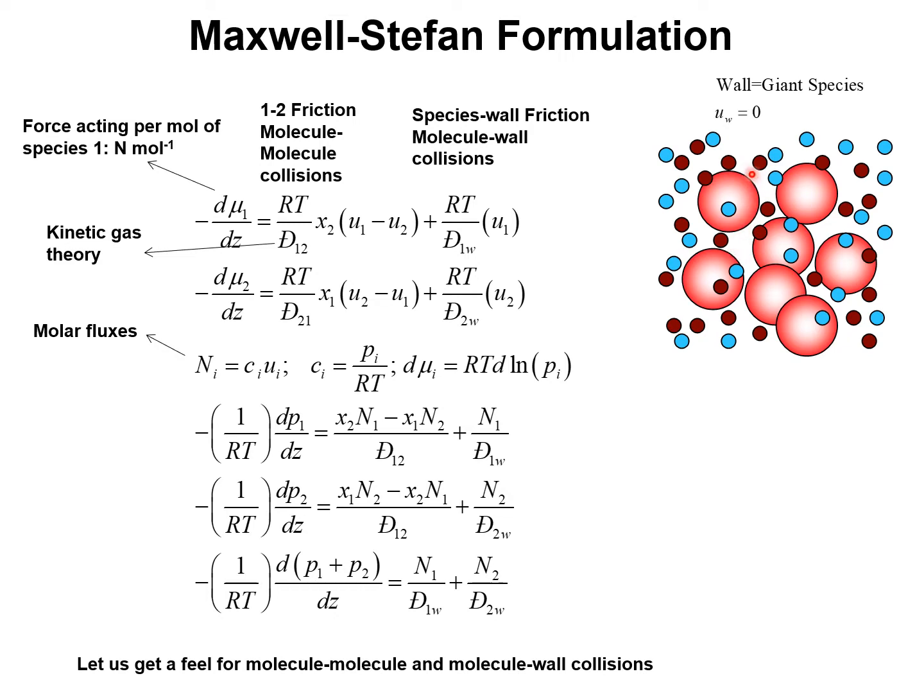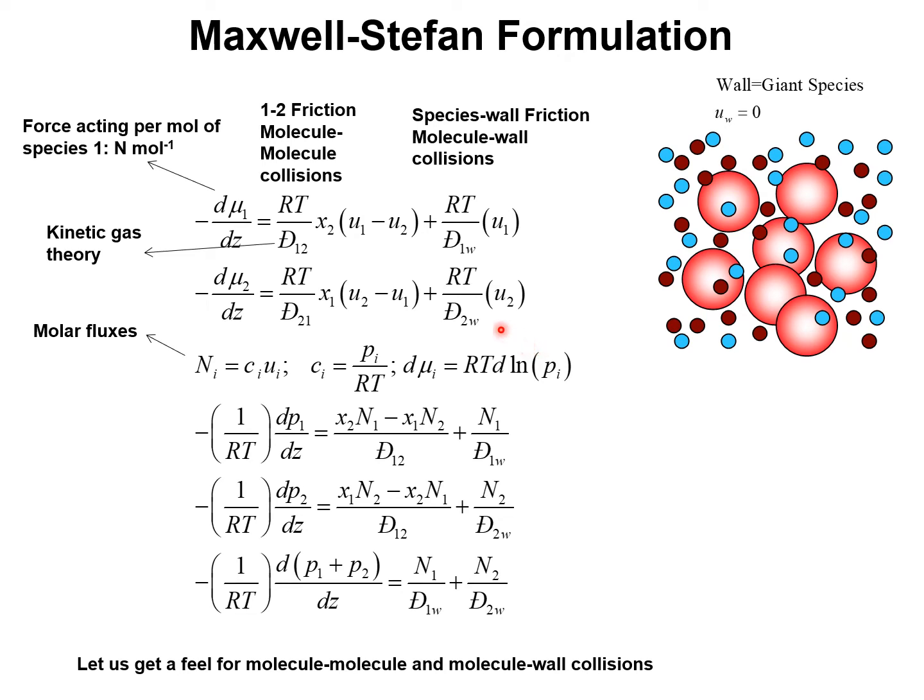In a sense, we treat the wall as a giant species fixed in space. So these are the rose-colored spheres shown here. The black and the blue spheres are the 2 gaseous components.